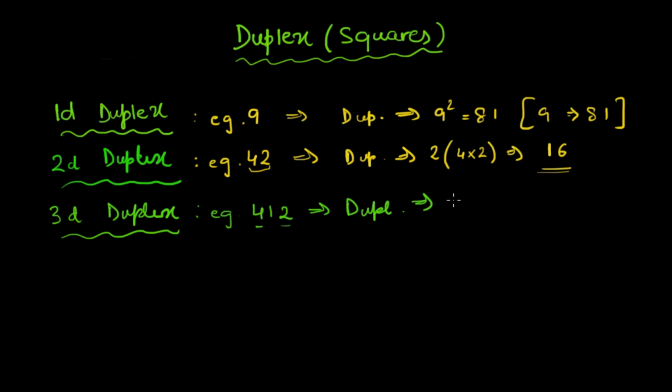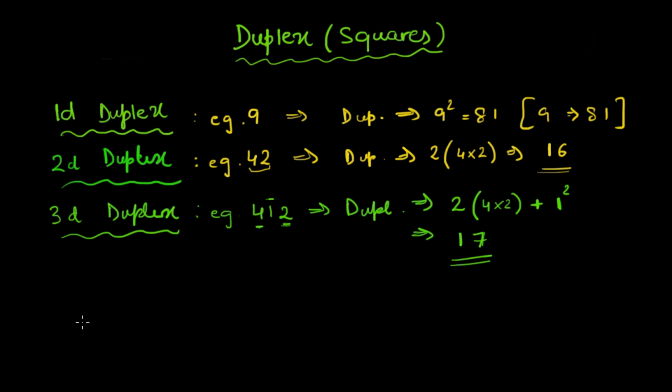So let's see what I'm saying over here. We'll multiply 2 with the product of the first and the third, plus the square of the second digit. So the answer would be 2 into 8, 16, plus 1, that's 17. So 17 will be the duplex of 412.